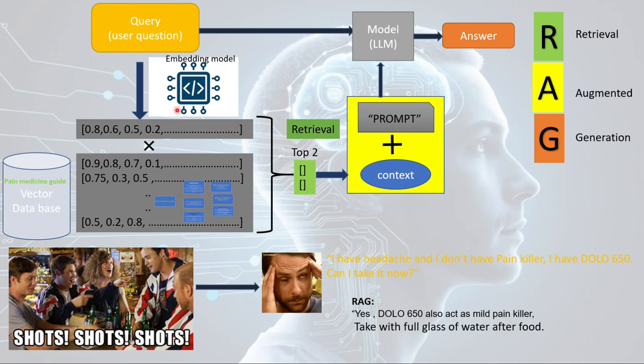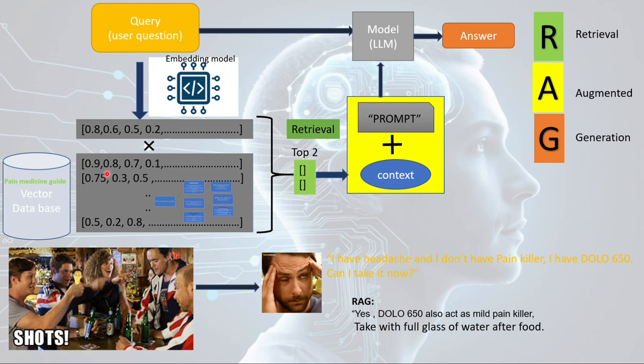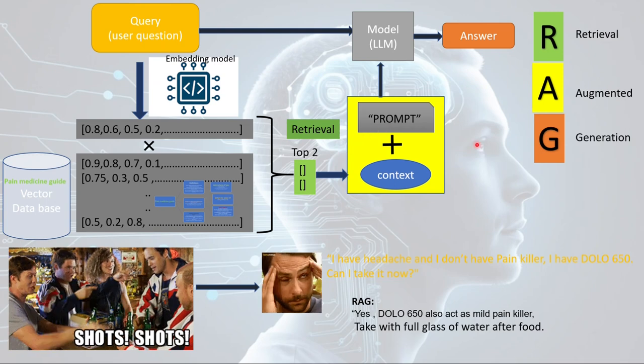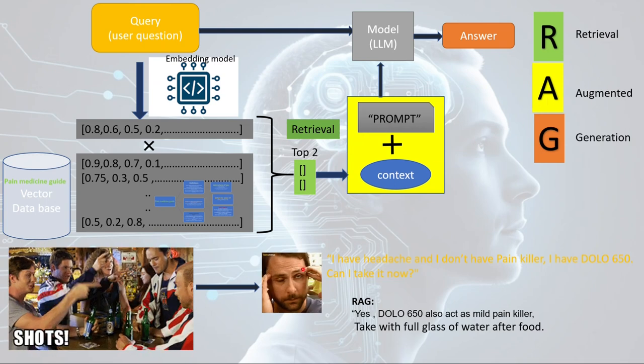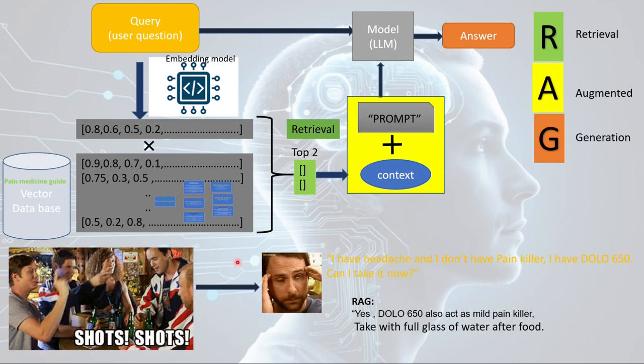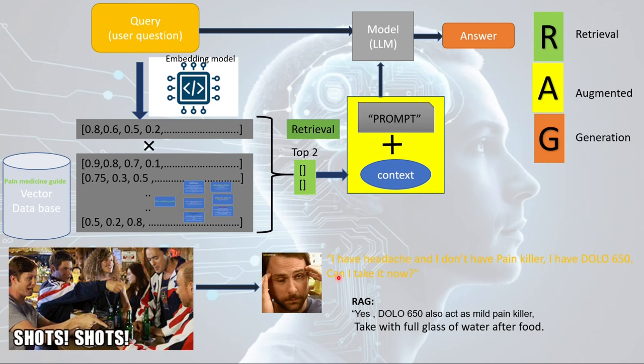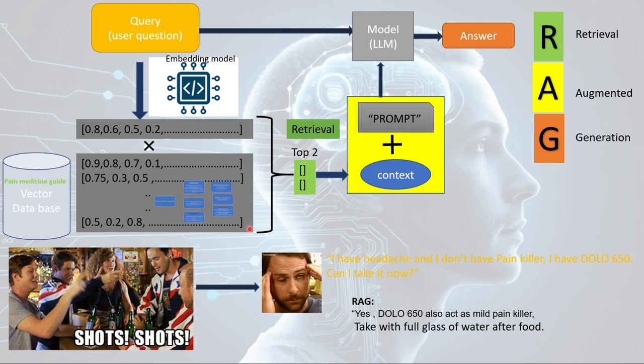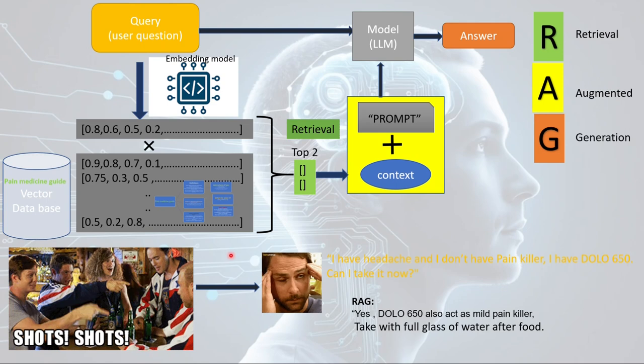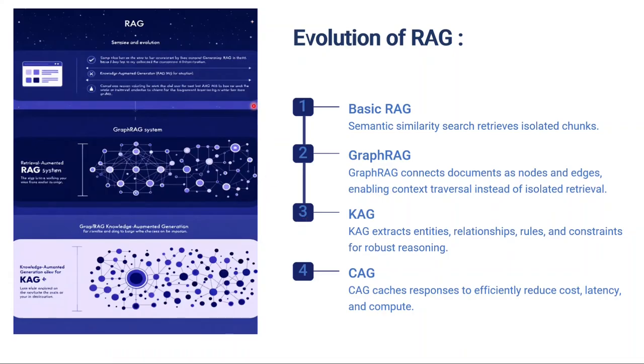Then I will take that example and explain RAG. And with this real-time example, I will try to build the evolution of RAG: what RAG is not capable of and how it came to graph RAG, then CAG, and lastly SAG.